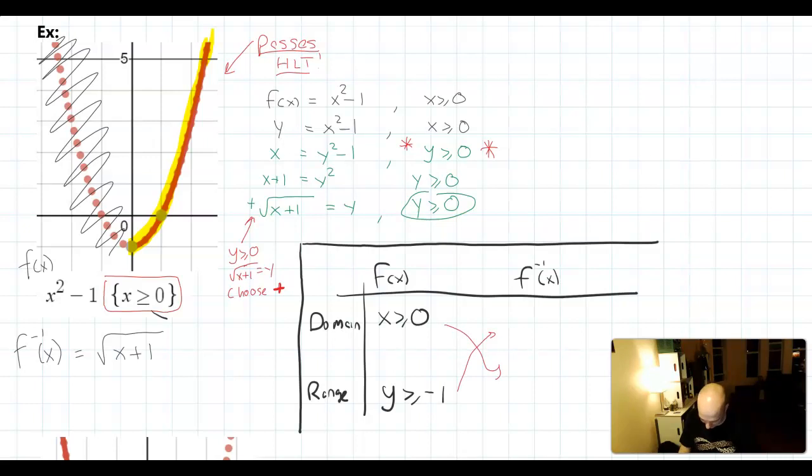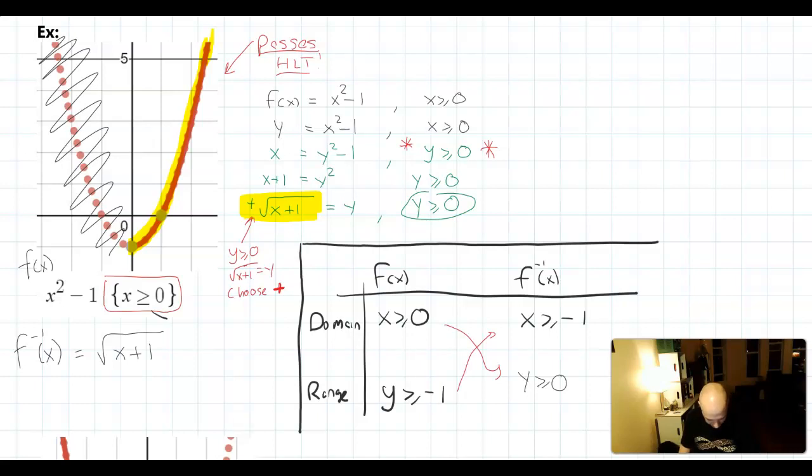So for f inverse, we'll have the domain x greater than or equal to -1, which makes sense because we're looking at the function square root of x plus 1. So we do in fact have that domain, that x can't be anything smaller than -1, or we'd be taking the square root of a negative. And we have the range y greater than or equal to 0.